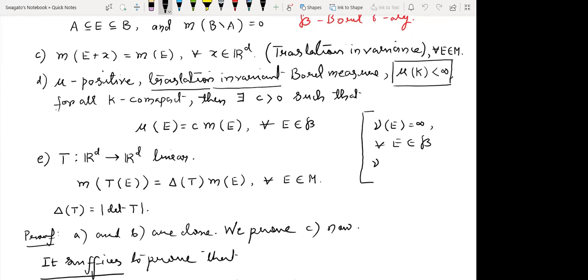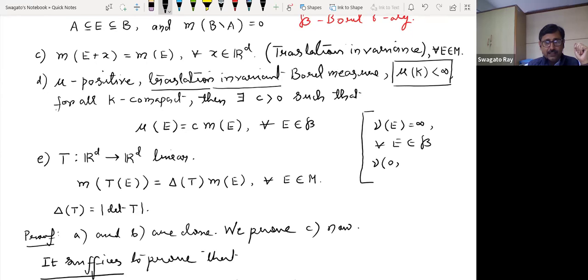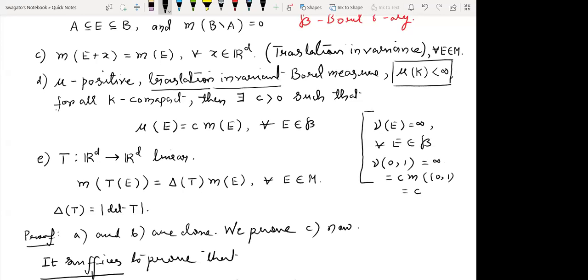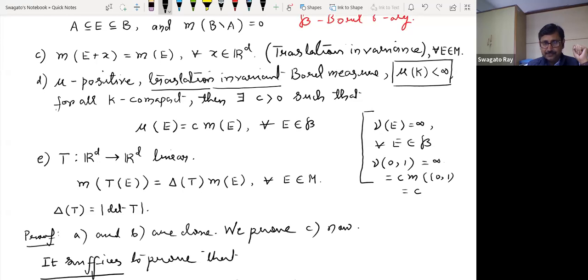Nu of (0,1) should equal C times Lebesgue measure of (0,1), which is 1. So that means your C has to be equal to infinity, right? Yes. But that is not allowed. There exists a positive real number C, we said. So this measure will not do.